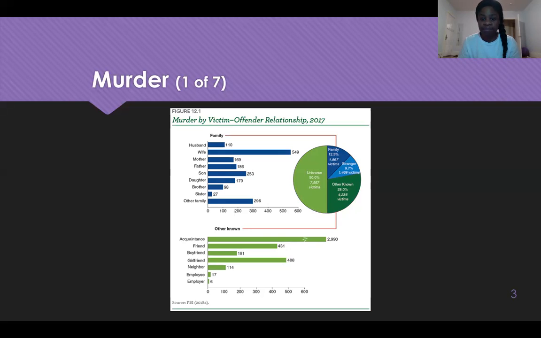You can do the same thing with the other unknown down on the bottom. So you can see those breakdowns even further. Sound good? Okay. So we can move on. Pause here again. Make sure you understand this chart before moving on.